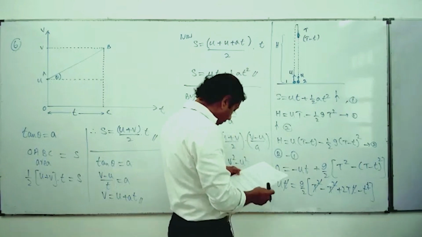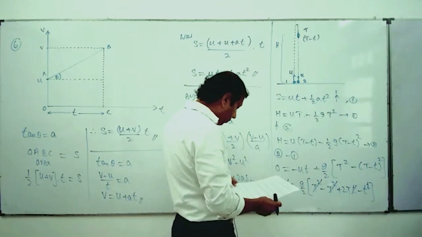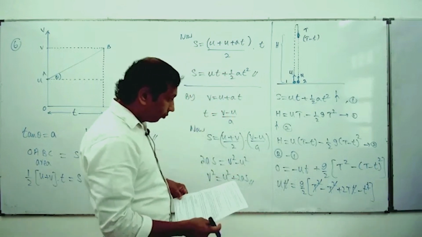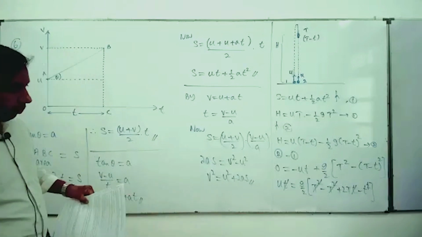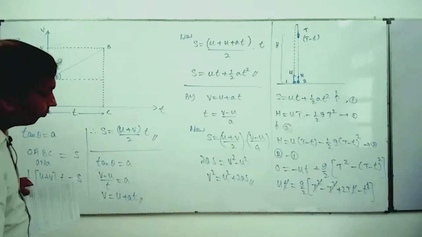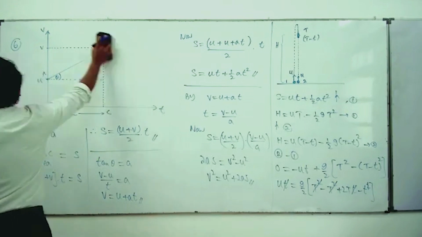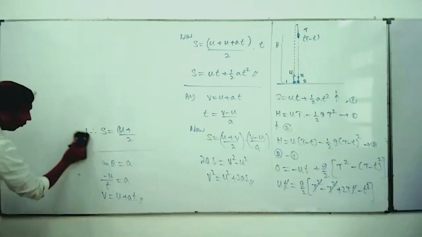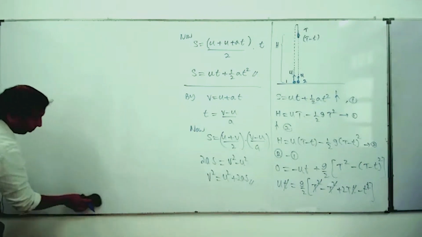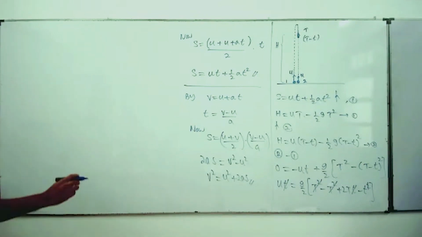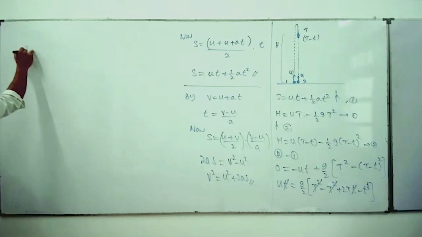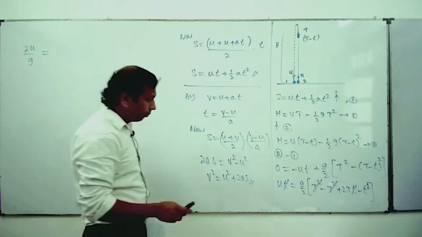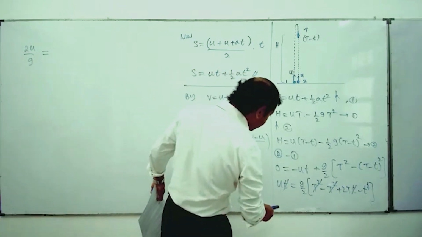Then what is the answer asking? Now making this the subject, we get this answer. Then we get 2u over g. Bring this to here.